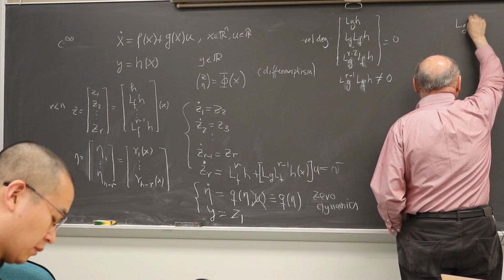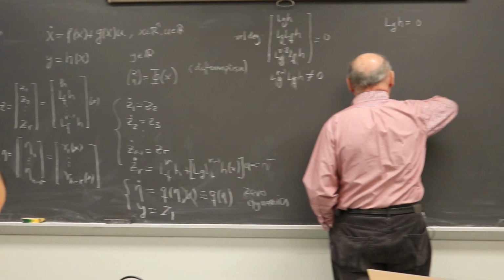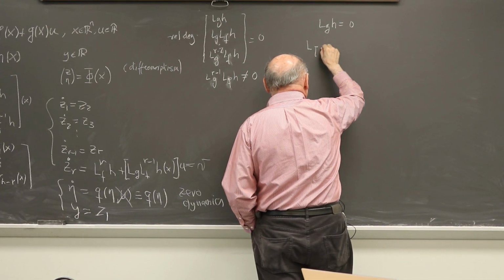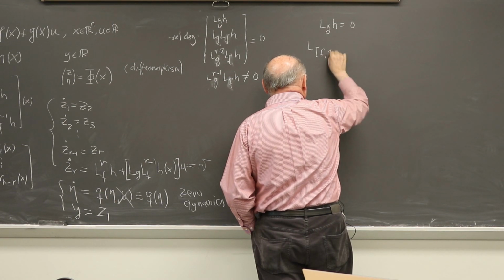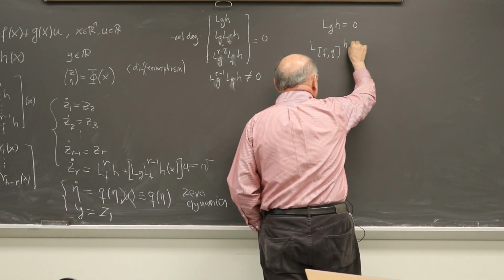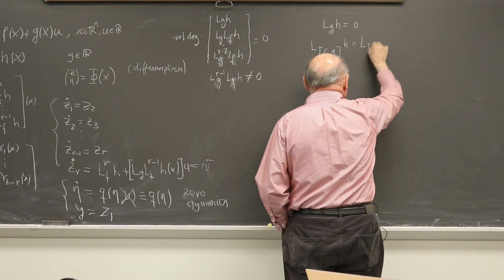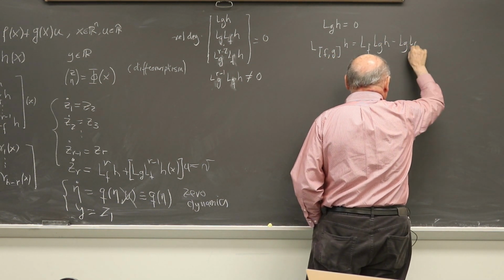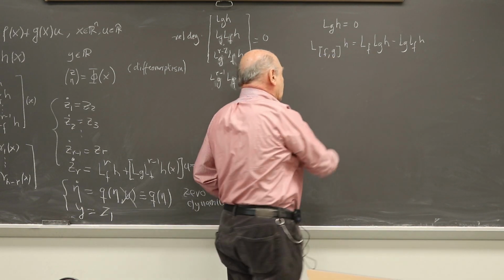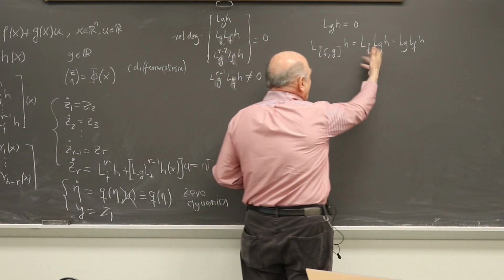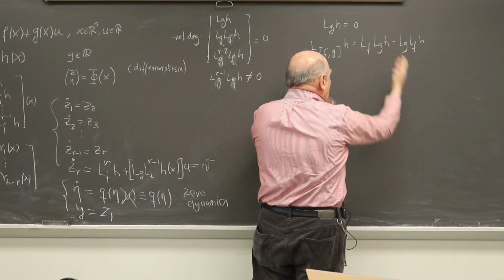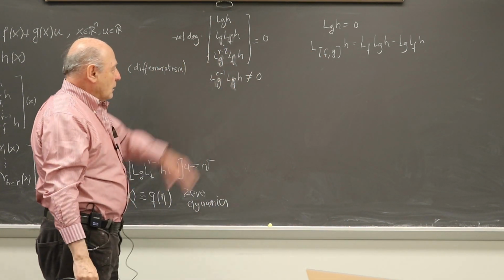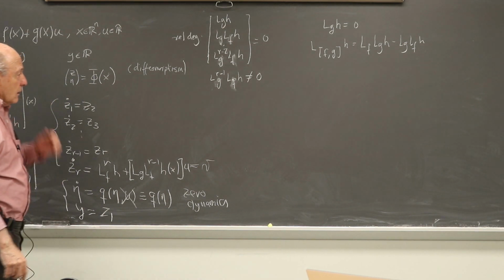Let's assume that LgH is 0, and as we defined the Lie derivative along the Lie bracket of f and g of h as LfLg of h minus LgLf of h, this Lie bracket sort of measures the lack of commutativity of the directional derivatives along the two directions represented by the vector fields f and g.